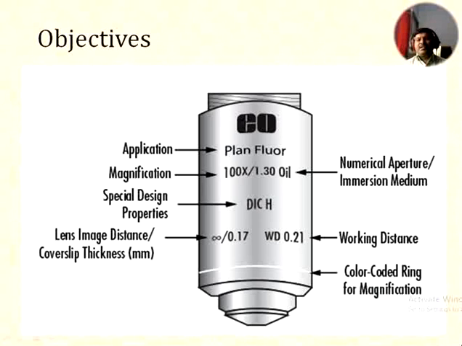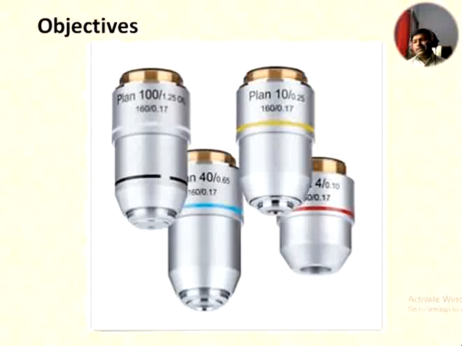There are such 4 objectives present in the compound microscope. This is the scanning lens or scanning objective, and its magnification is 4x. Now another one is the low power objective, and its magnification is 10x.